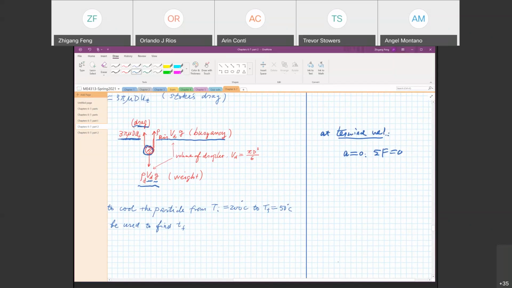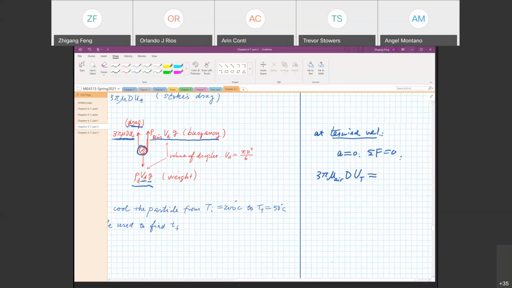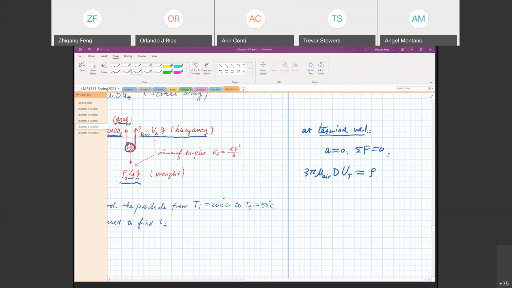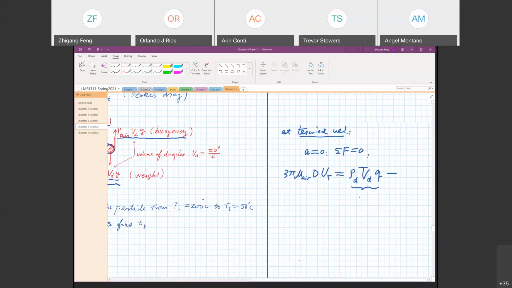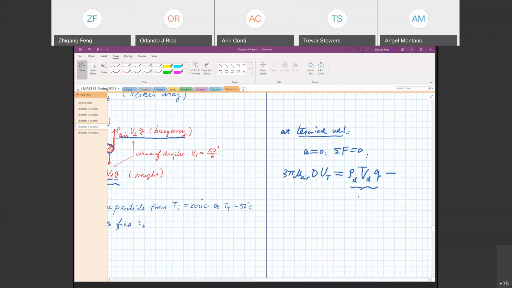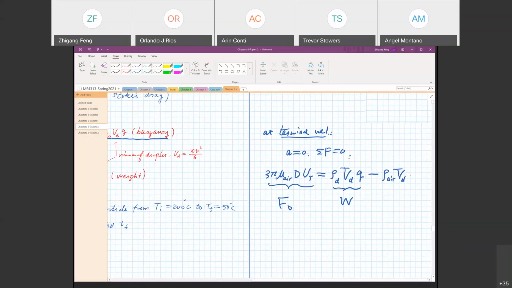The drag, 3 pi mu of the air multiplied by the diameter multiplied by the terminal velocity, that's the Stokes drag, has to be equal to the weight, which is the density of the droplet multiplied by the volume of the droplet multiplied by g. If we use the notation W for the weight and F sub d for the drag, the weight minus the buoyancy force, which is the density of air multiplied by the volume of the droplet multiplied by g, so that's the buoyancy force B.